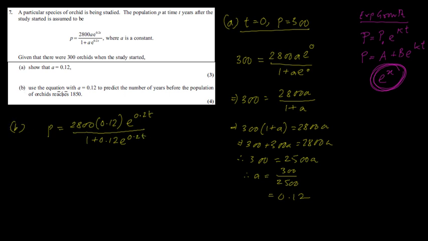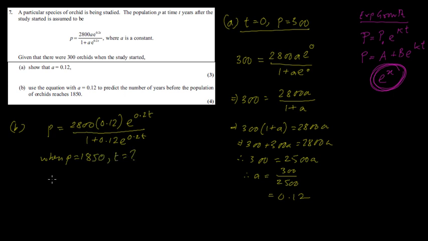Now use the equation with a equals to 0.12 to predict the number of years before the population of orchids reaches 1850. So when P equals to 1850, we have to know what is the value of t.